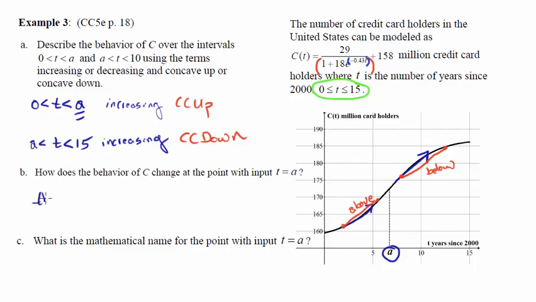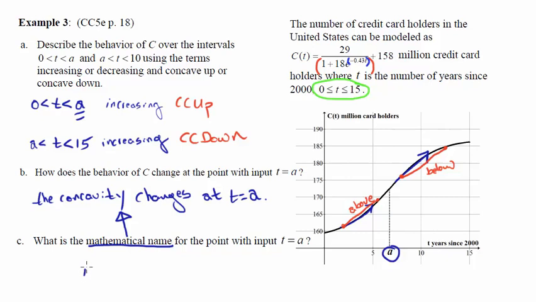So here the concavity changes at this point A. And the mathematical name for a point where the concavity changes is called an inflection point. So we have an inflection point at this input value of A.